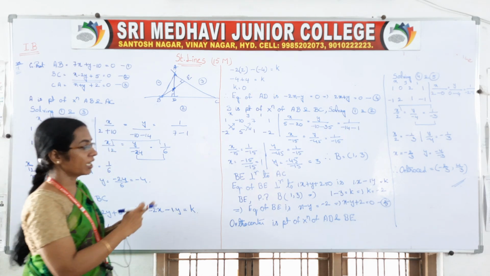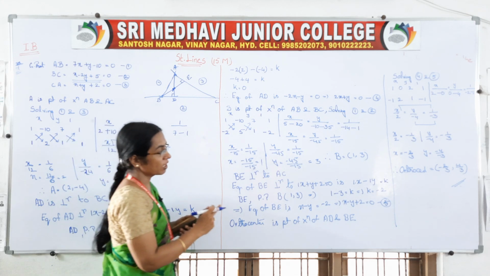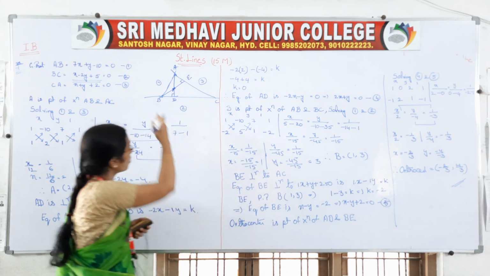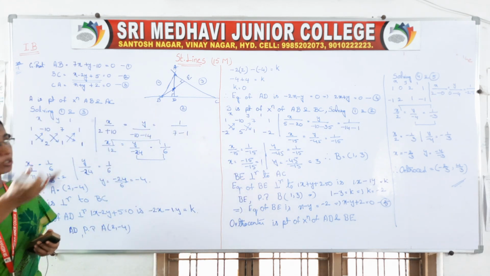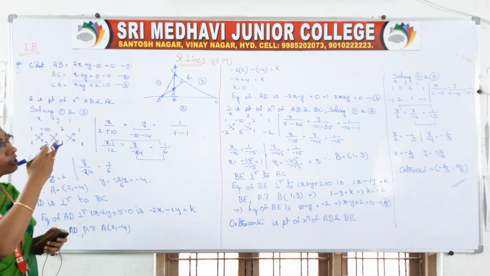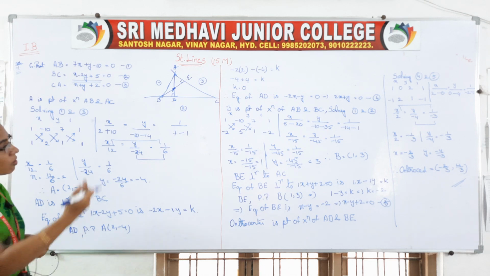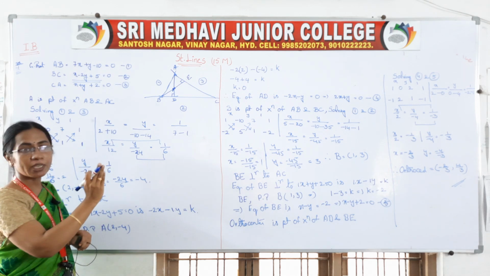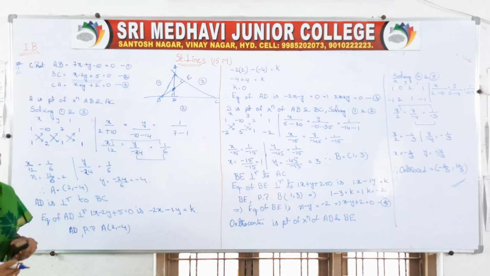If we take 4 and 5, the point of intersection of 4 and 5 means the point of intersection of altitudes AD and BE. Point of intersection of altitudes is orthocenter. You got your AD, you got your BE, so we can find out their point of intersection.